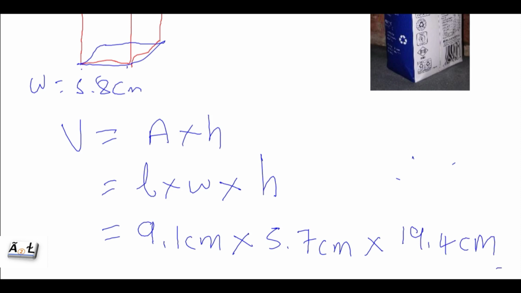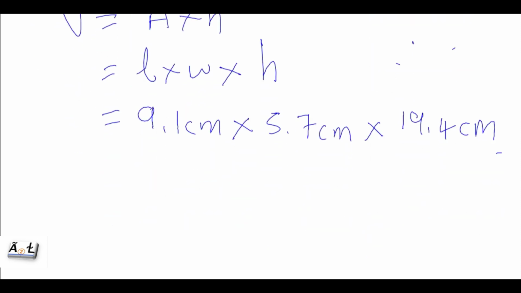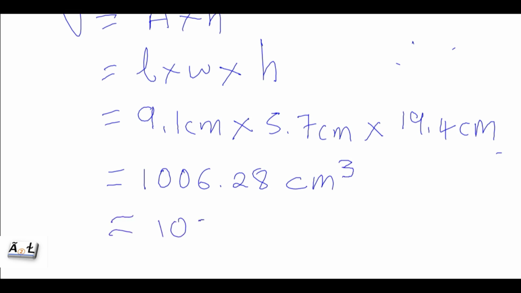And then 9.1 times 5.7 times 19.4 would give us approximately 1006.28. This is centimeter times centimeter times centimeter, so it means centimeter cubed. We can approximate it to about 1000 centimeter cubed.